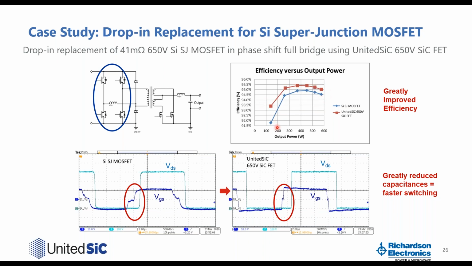At light load, because the device barely conducts or only conducts for a very short period of time, the conduction loss is quite low, and the loss is dominated by the turn-off loss. And because the UnitedSiC FET has much lower EOSS than the silicon superjunction, the turn-off loss is much lower. That's why you see this big efficiency improvement at light load.